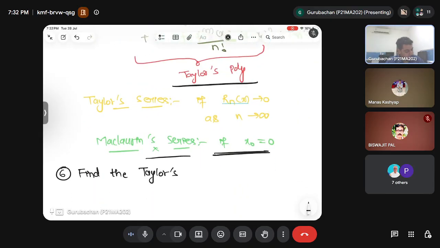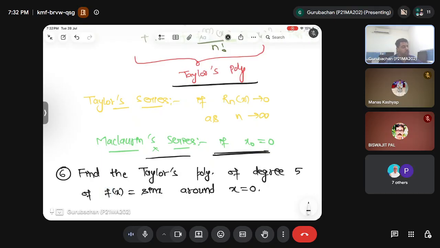So find the Taylor's polynomial of degree 5 of the function f(x) equal to sin x around the point x equal to 0.